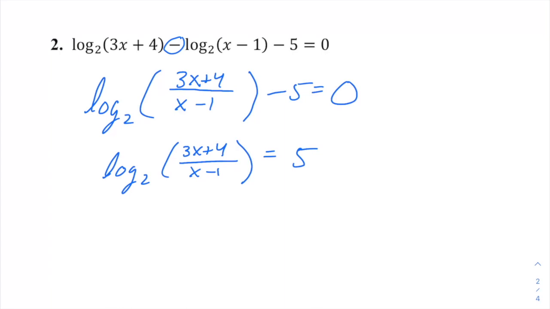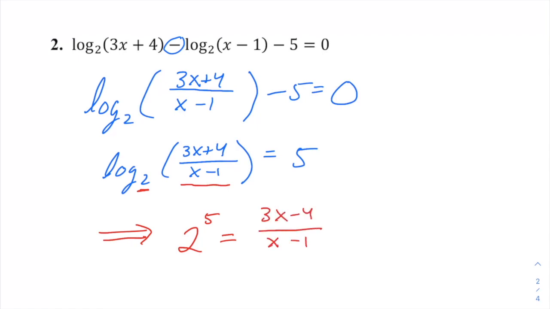And now see, I've got that first scenario I was talking about, not log equals log, but log equals a number. And if you can do this, well, hey, then our next move is, how do I clear the log? You rewrite it in exponential form. What's the base? The base is 2. And log base 2 of this equals 5 is like saying 2 to the 5th equals 3x plus 4 over x minus 1. Oops, that's 3x plus 4.